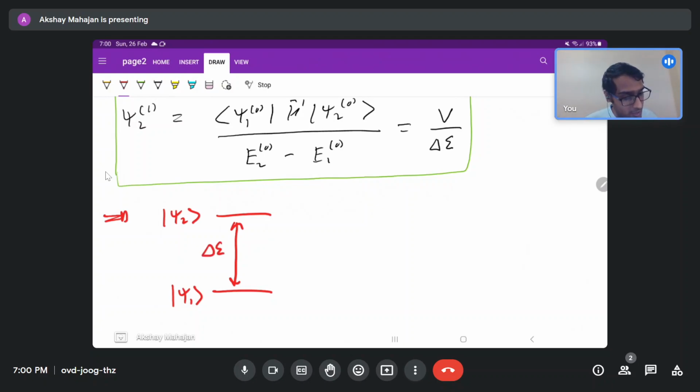After applying this kind of perturbation, if we just go up to first order correction, what we are seeing is that the energy values are not changing. So if I apply V on, taking only up to first order correction, only up to first order.